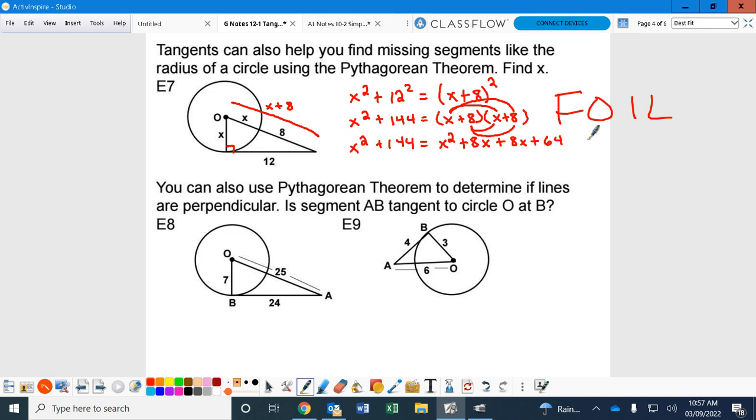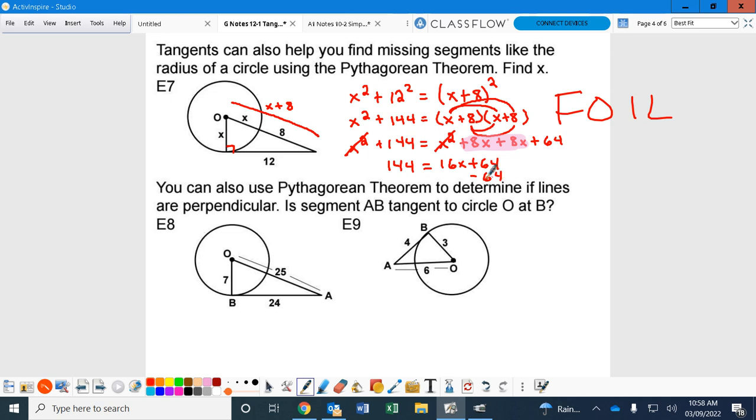Okay, guys, let's make life easy. If you have an x squared on this side and an x squared on this side, what's going to happen to the x squareds? They're going to cancel each other out. It's going to make it 144 equals, we're going to combine like terms, guys. What's 8x plus 8x? 16x plus 64. Since I already have the 16x on the right, I need the number to go over to the left to get away from it.